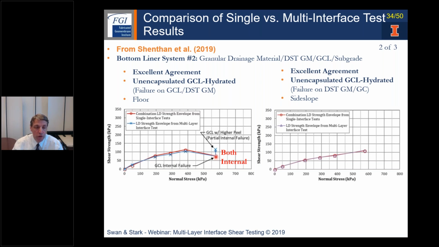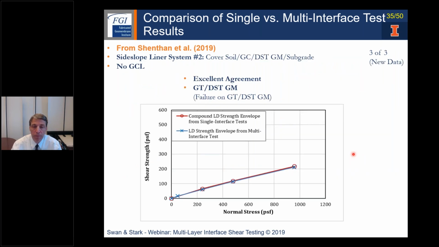So this is the floor. The failure is on the GCL double-sided geomembrane interface. Now, if we move over to the side slope, you can see there's excellent agreement between the single and multi-interface large displacement strengths for the side slope. And then finally, this is some new data that Dr.